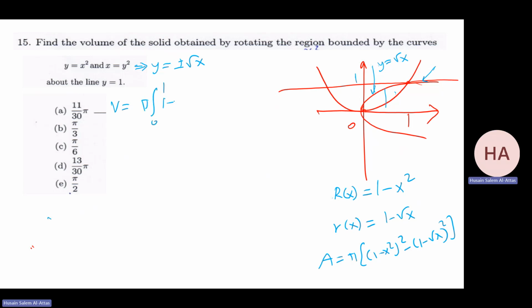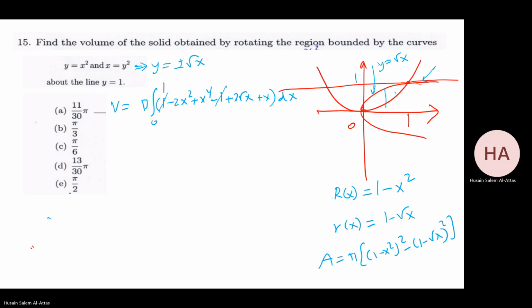Open it. 1 minus 2x squared plus x to the power 4 minus 1 plus 2 square root of x minus x, dx. Yeah, lengthy calculation. Good, 1 minus 1 cancel.